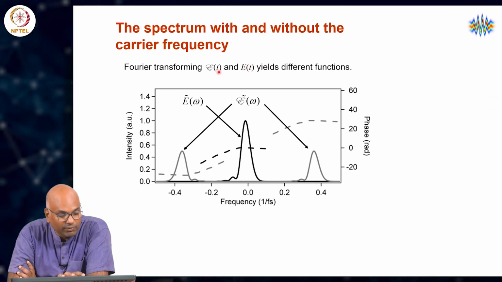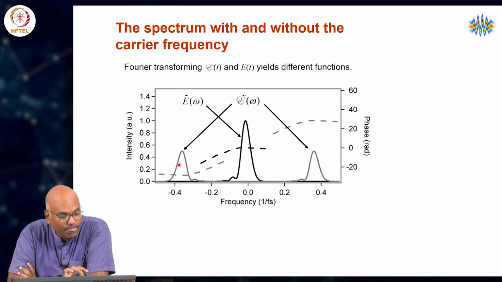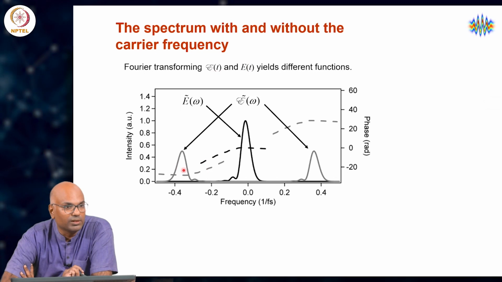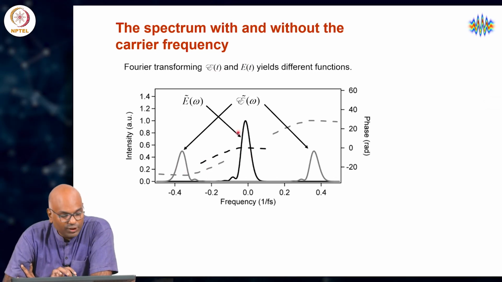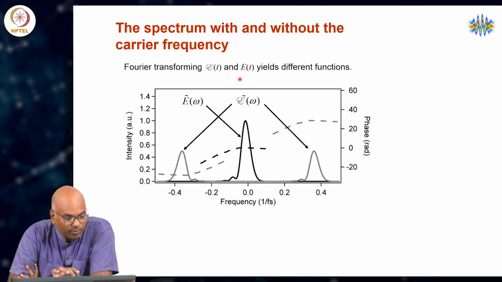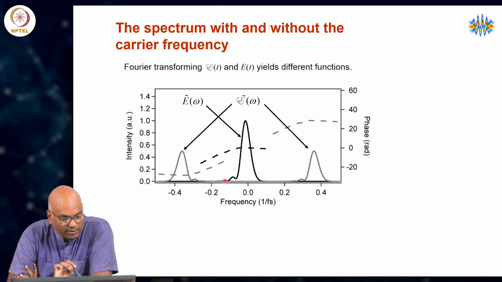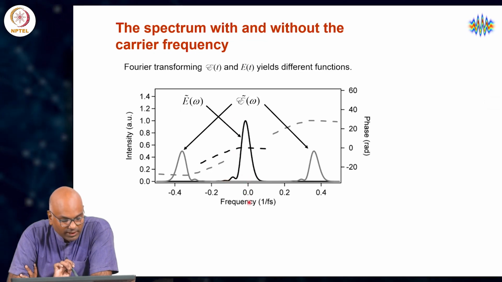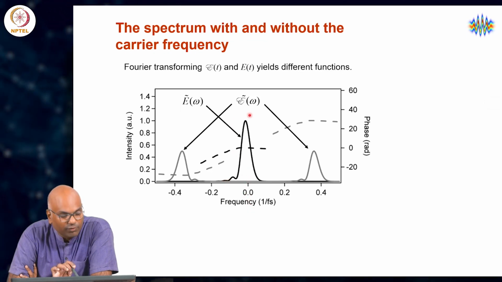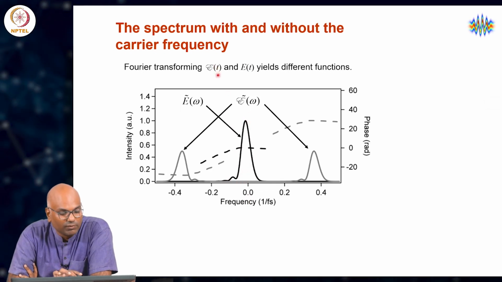Now, these two functions yield essentially three spectral domain functions, of which E tilde of omega, which is the Fourier transform of the complex envelope E of t, is a function which is centered at a frequency of 0, because we have knocked off the carrier frequency from this function.